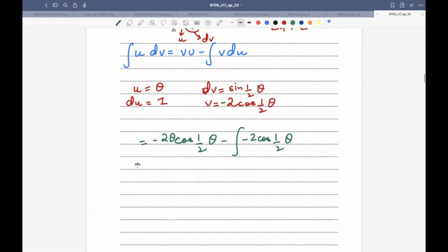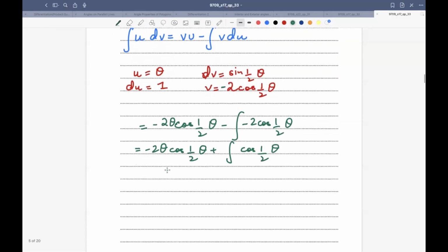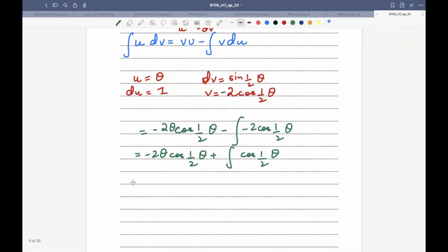Now we will have minus 2 theta cos of half theta plus the integral of 2 cos of half theta. Integrating cos, we'll get sine, and we already had a 2 over here. So the integration of cos half theta is sine, and when we divide by half again, this will become 4 sine of half theta.